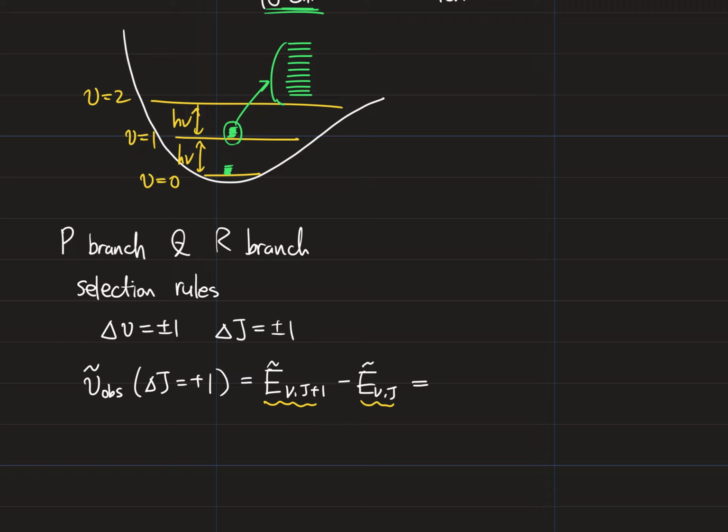For the allowed vibration energy, here should be v plus 1, right? v plus 1 and J plus 1. So the final result should be omega tilde plus 2B tilde (J plus 1).